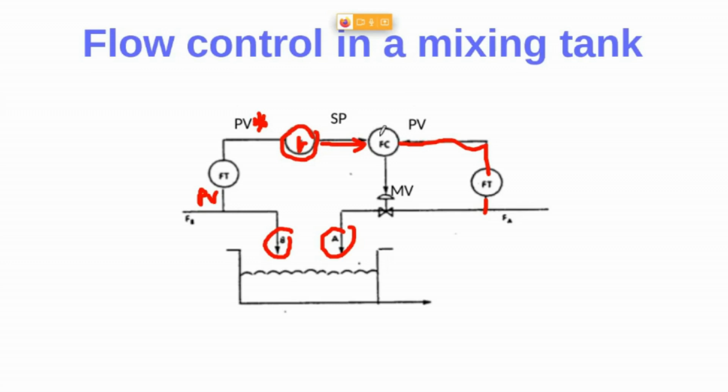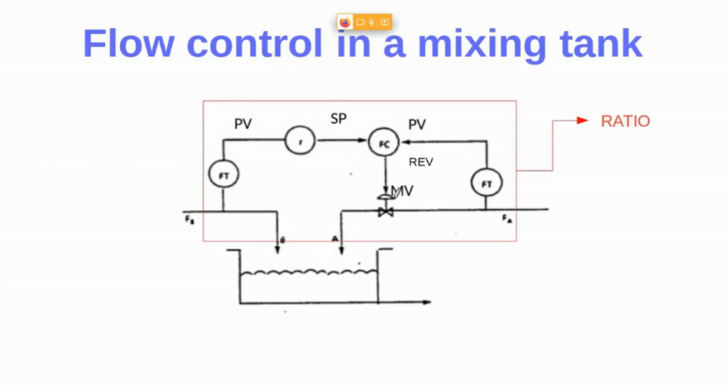Just because we have a relationship between this process variable and the other, and we want to keep this R value between both variables, because the set point is R times the process variable of this B inflow, we can state that this is a ratio control structure, being the set point R times the other process variable.